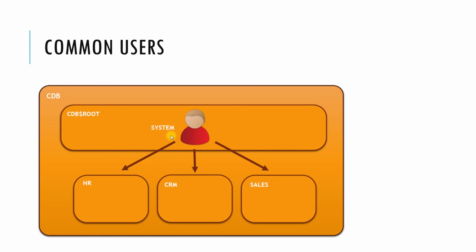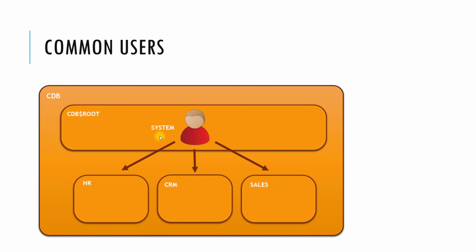Common users can perform administrative activities. That's why they're called common users. Those are administrative users. What actions can they perform? They can create a PDB, or they can unplug a PDB, and there are other options we will see in future.